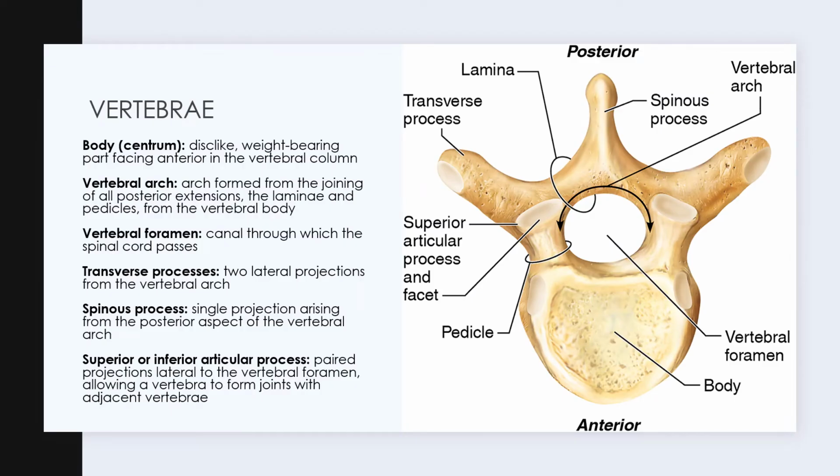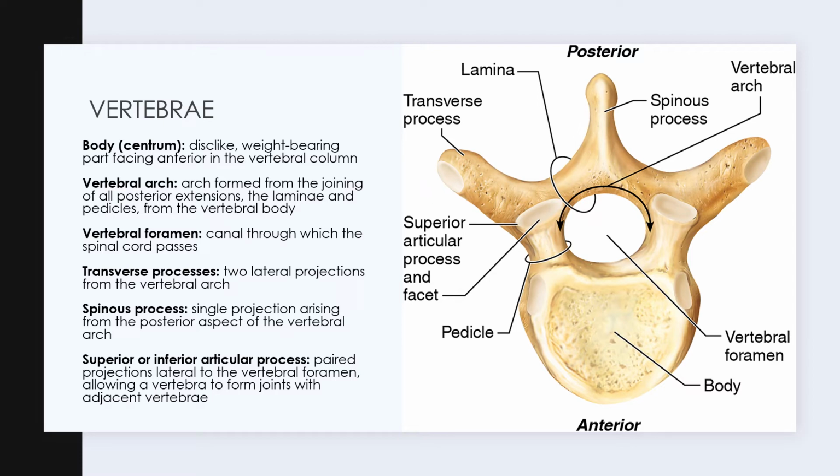Let's talk a little bit more about the structure, the vertebrae. So it's a single vertebra, and you can see here the body is the majority of it. It's disc-like, and you can see there's spongy bone in there. The weight-bearing part is anterior in the vertebral column.